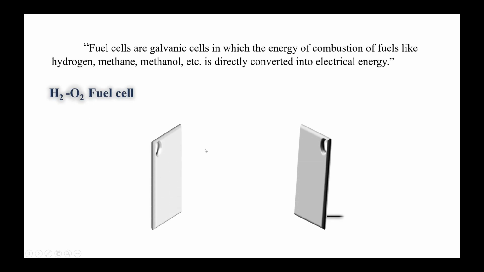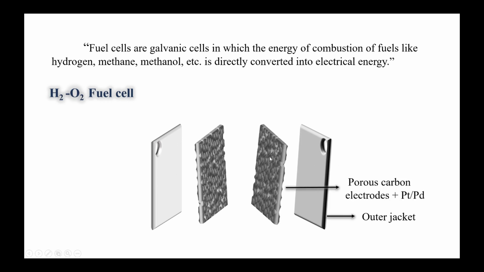It consists of two outer jackets so as to provide the hydrogen and oxygen. Within those outer jackets we have porous carbon electrodes containing traces of platinum or palladium, which act as catalyst, and both of the electrodes are separated by a separator which is filled with potassium hydroxide electrolyte.